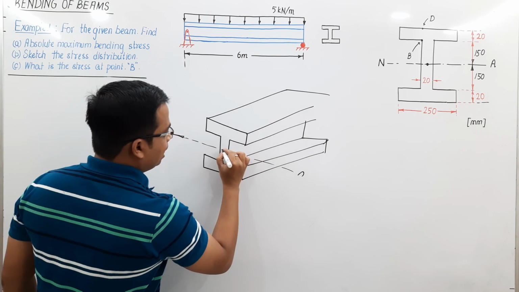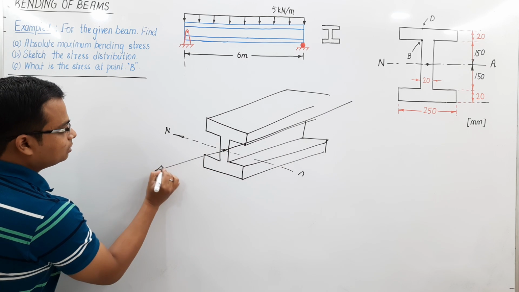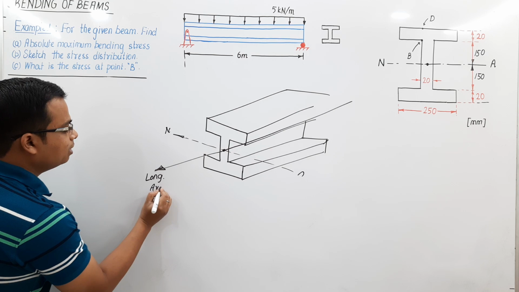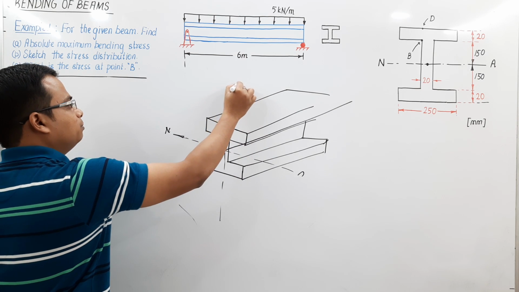A line passing through this along the length of the fiber is the longitudinal axis, and I've explained all of these things. And this, by the way, is going to be your axis of symmetry.